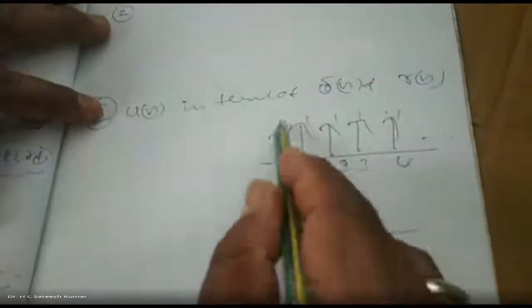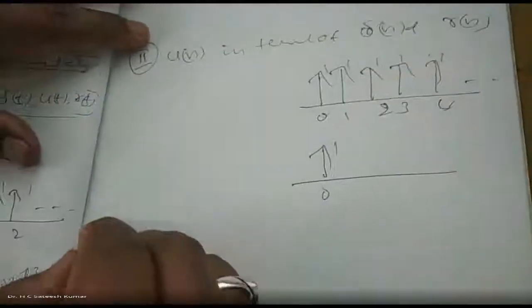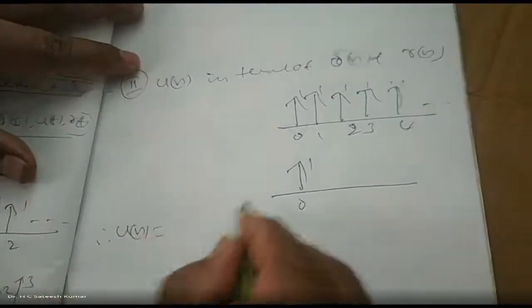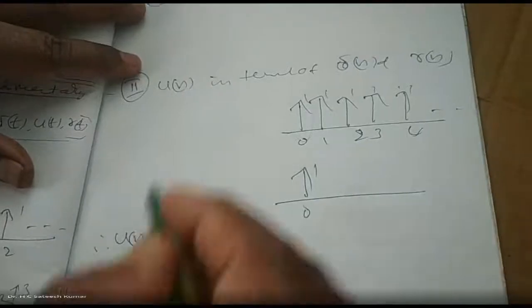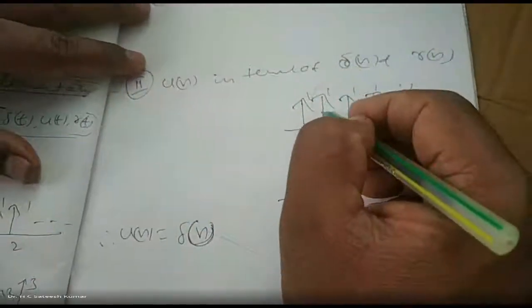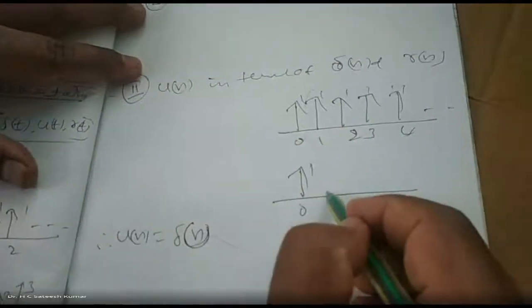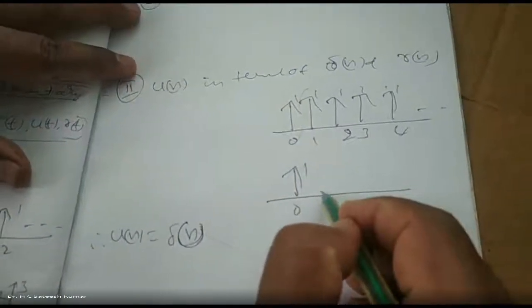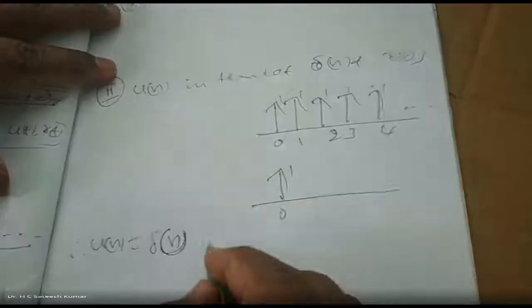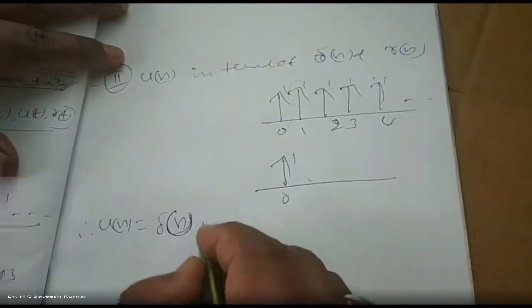I can call it delta of n. So therefore, u of n is equal to, first element is delta of n, element by element. The second element is this one, shifted right by an amount equal to 1 unit. If you shift right by 1 unit, what do you get? Delta of n minus 1. N minus 1 is shift right.